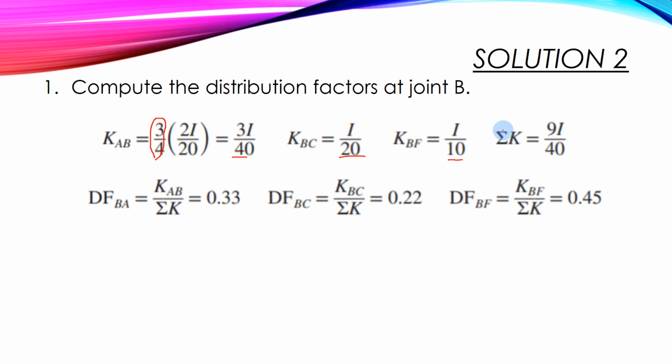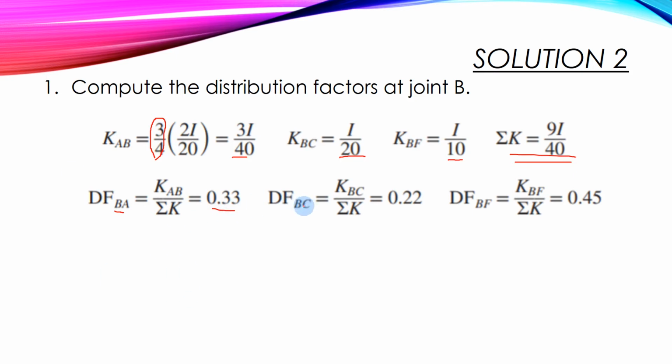The summation of all these three stiffnesses is 9I over 40. To get the DF, DFBA is equal to KAB over summation of K, equal to 0.33.